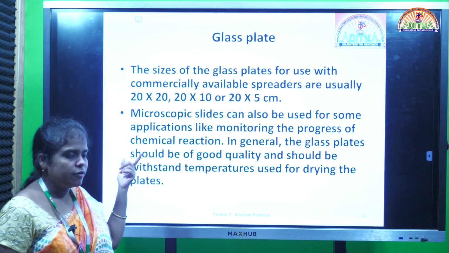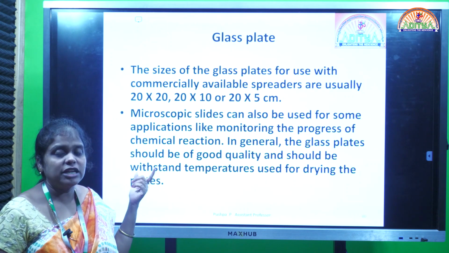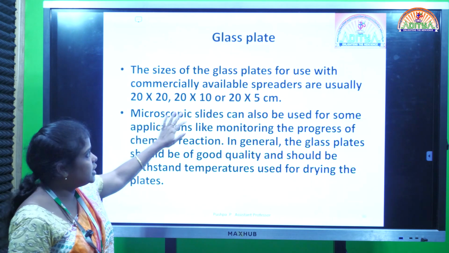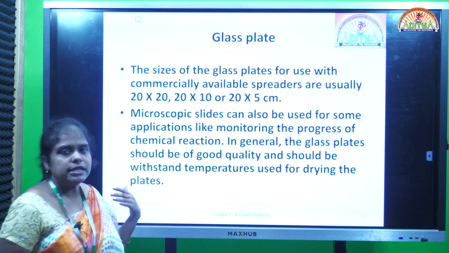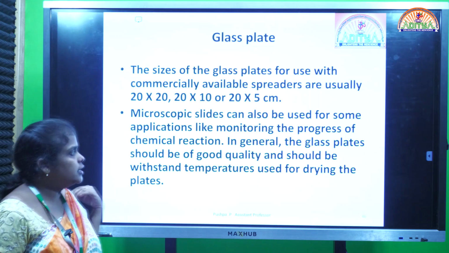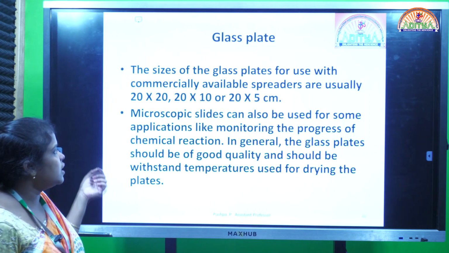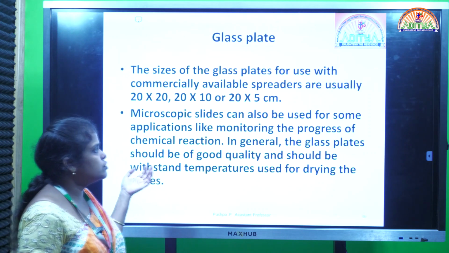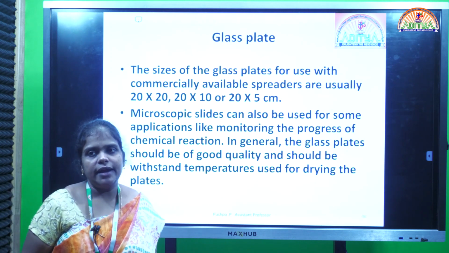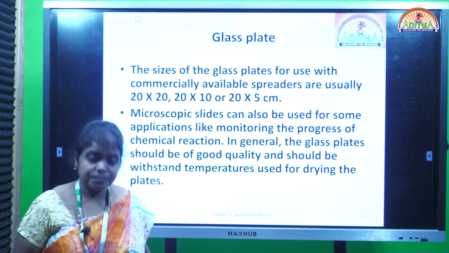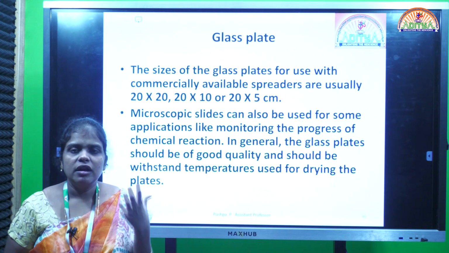All these dimensions we can take. That means all these 3 types of dimensions of glass TLC plates can be used for the TLC separation technique. As I already told you, we mostly use glass plates. Why? It is very inert and very adaptable for good separation.